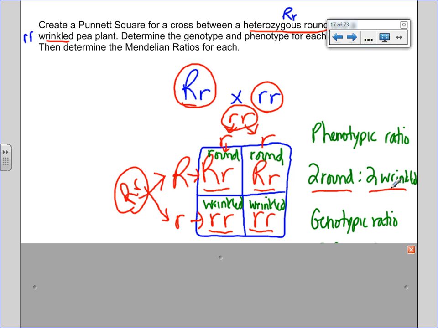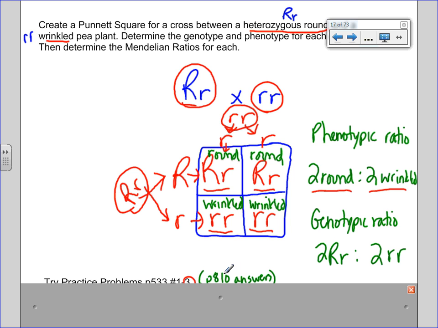Oftentimes it's easier to look at your total numbers. If we were looking at 4 offspring here, then you'd have 2 to 2. If they said percent, you could say 50% are round, 50% are wrinkled. The genotypic ratio, remember, is the letters. So we have 2 big R, little r's to 2 little r, little r's.